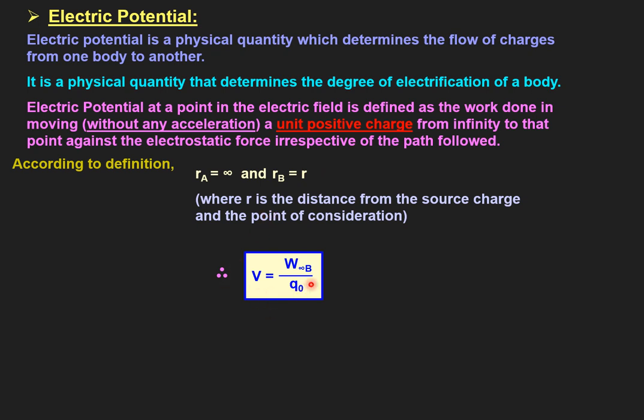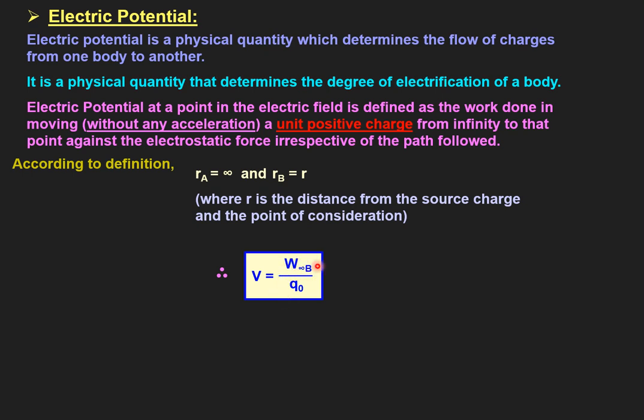Under this circumstance, this electric potential is represented by capital V. It will be simply equal to the work done in moving the unit positive charge starting from infinity to a particular point. Initial point is now infinity, final point B. Earlier it was A and B, but now point A is already fixed at infinity. So electric potential will be work done per unit test charge.